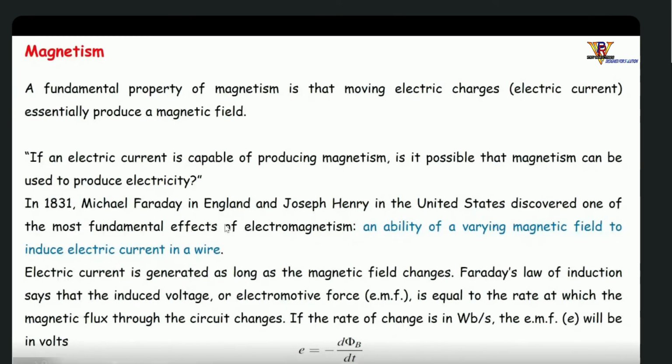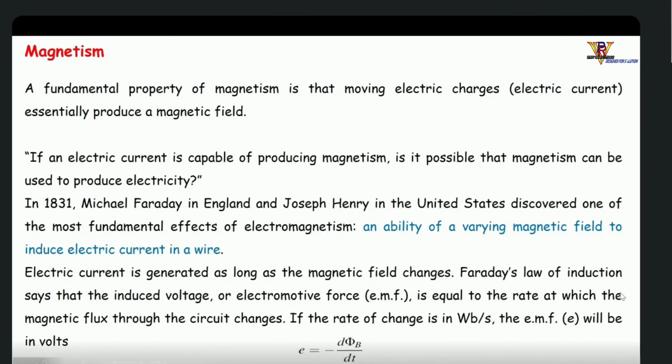When a current carrying conductor produces magnetism, a magnetic field can also produce current. That is shown here. So here the electric current is generated as long as the magnetic field changes. That you know very well.